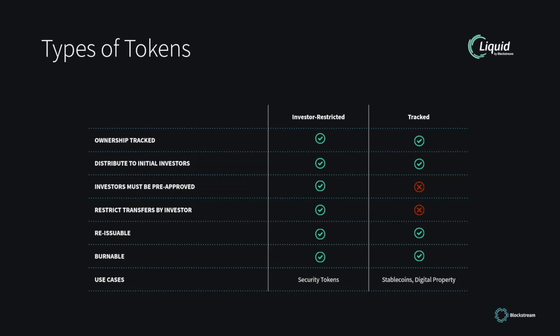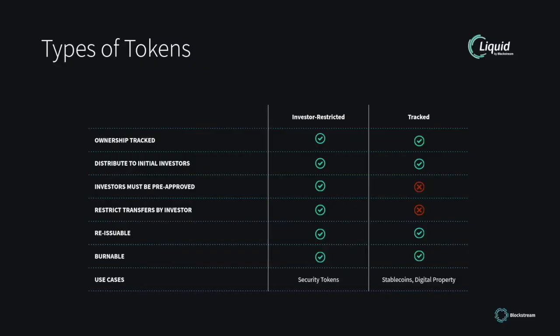So investor restricted assets or tokens can only be transacted between investors that the issuer has already registered as eligible within Liquid Securities, whereas tracked tokens do not require the issuer to record investor details within Liquid Securities prior to transfer. Both types of token track transfers and require the use of a Green wallet, but only investor restricted tokens restrict who can receive the token further than that.